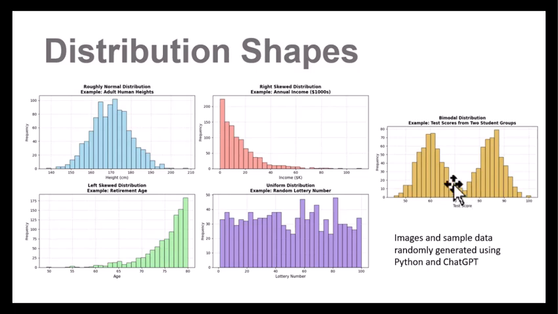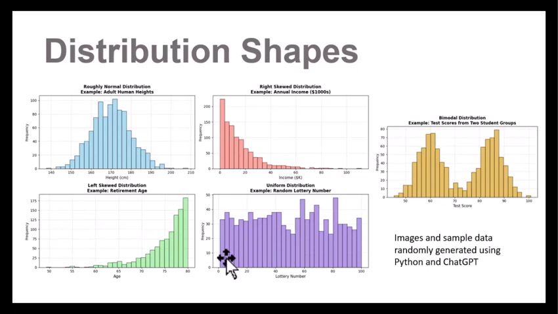So the freshmen might have generally lower scores because they haven't learned the material yet, and then the seniors had higher scores. When we put them all into one graph, it creates two peaks within the graph. So if you did see this in data, it might indicate that you need to look closer at that population and split it into two groups if you could differentiate the two populations.